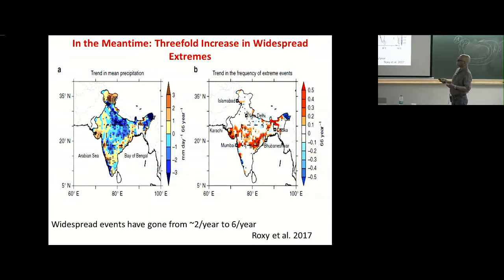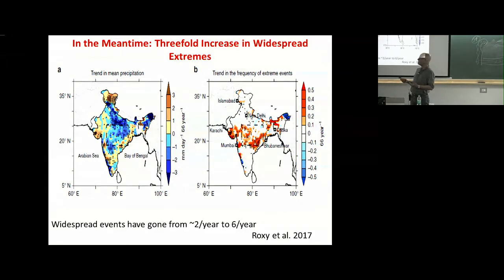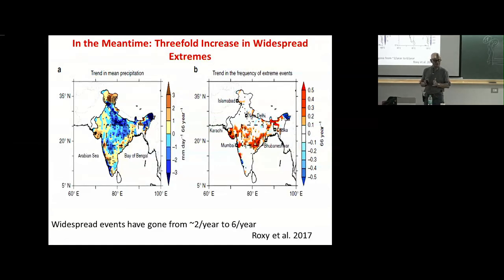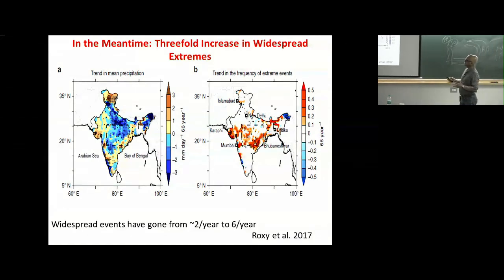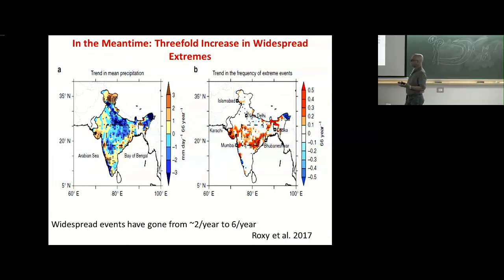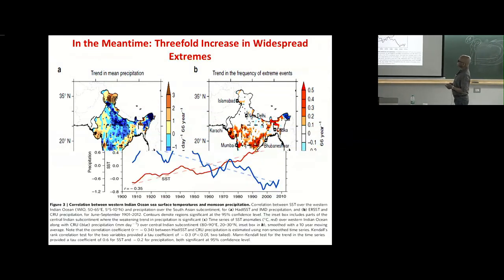So now you have to think onset must be changing, withdrawal must be changing, number of rainy days must be changing. So if you decrease the rain by 20%, but if you squeeze the monsoon season by a certain amount, then you will be raining more during a few days, because floods means essentially you are going to rain heavily on some days, right? So that's what is happening.